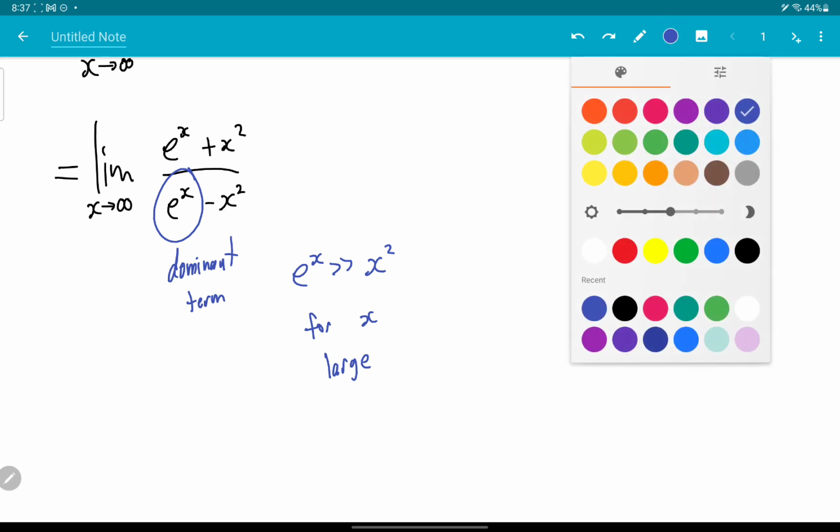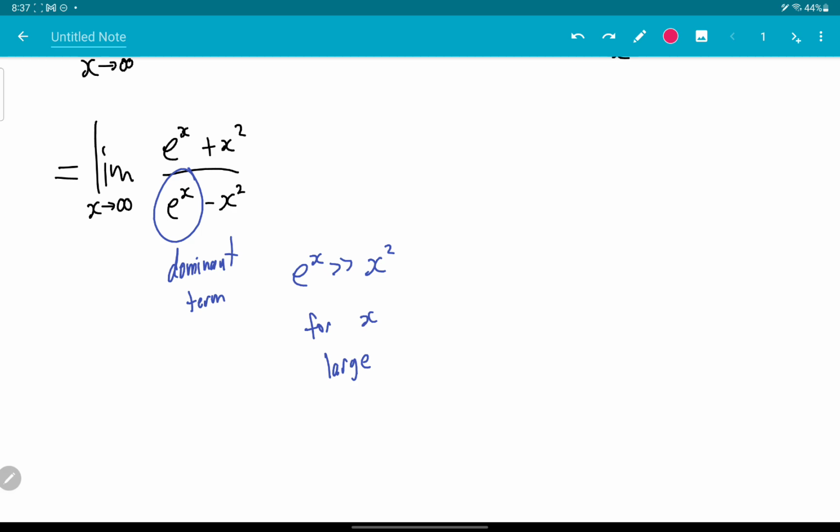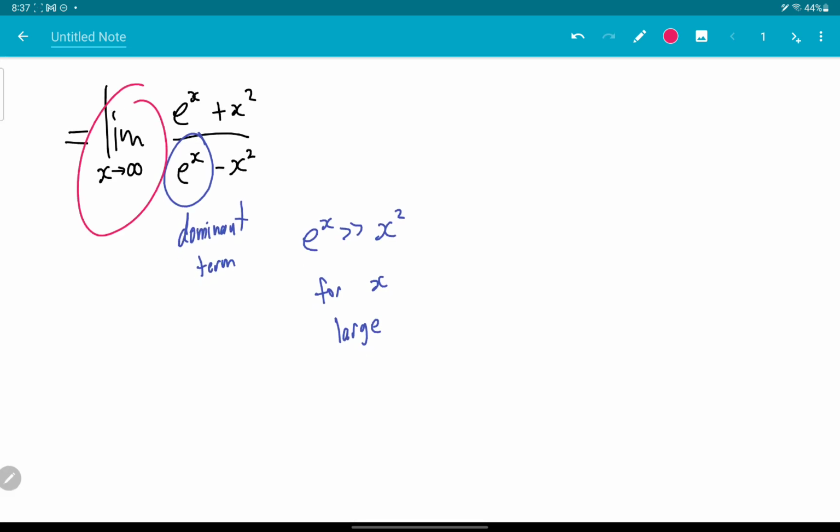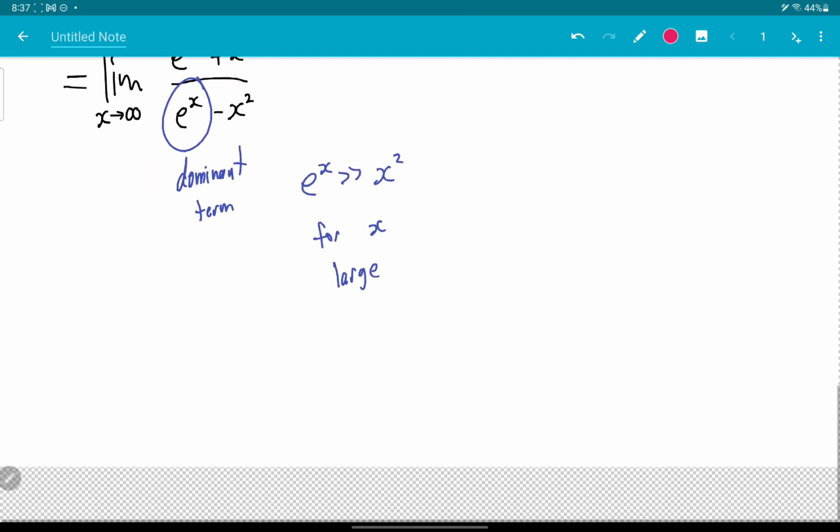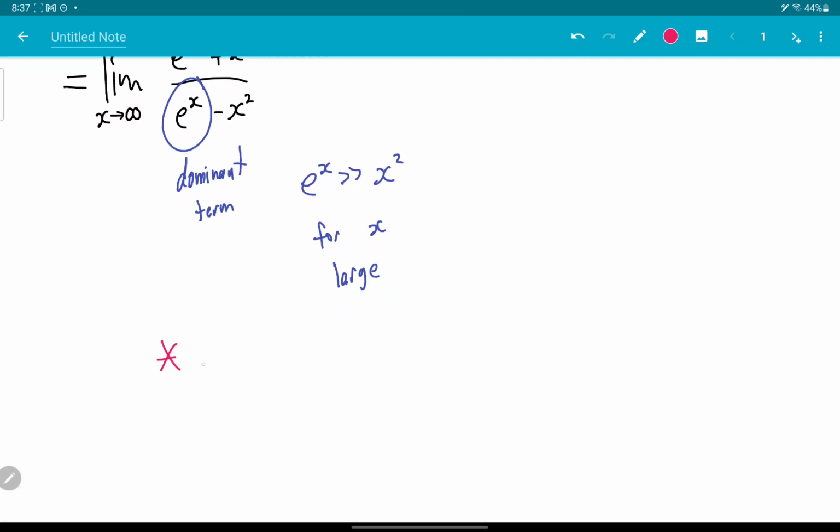So we're going to use a trick here, which you can do when you have a limit going to infinity or minus infinity. I will allow you to drop non-dominant terms.